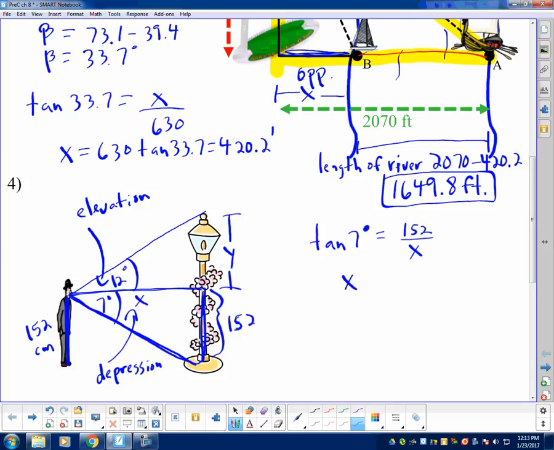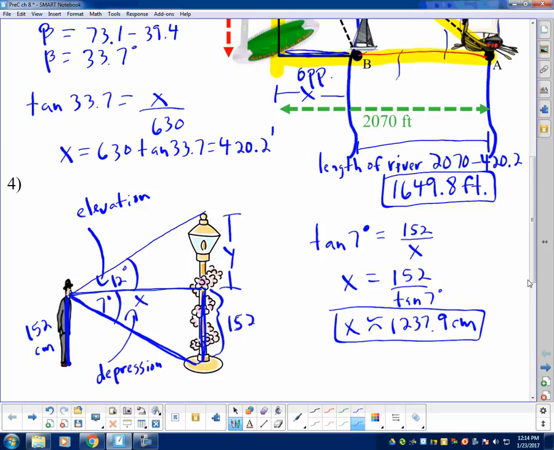So x equals 152 over tangent 7 degrees. So x is about equal to, talking about centimeters here, 7 degrees, you're looking quite a ways out. Just 7 degrees down, so quite a ways out. But it's 1,237.9 centimeters. So that's our x.